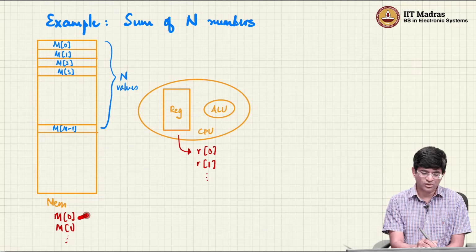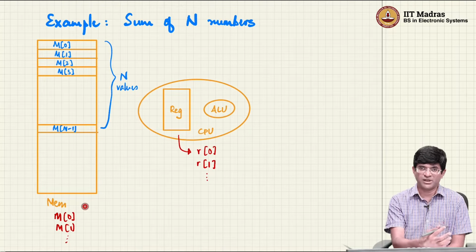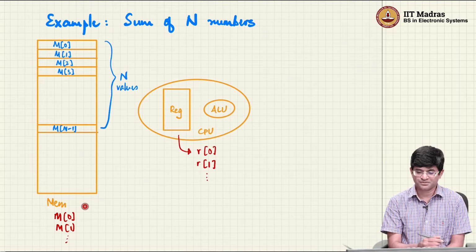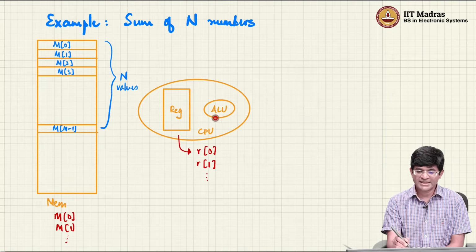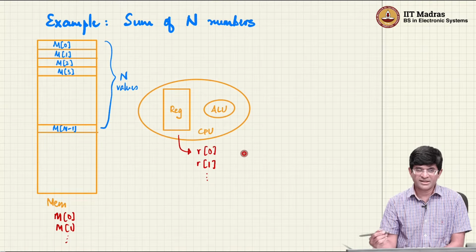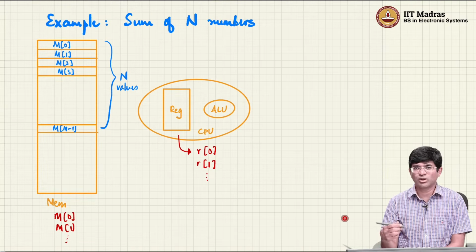So M0 refers to the 0th location inside the main memory, the one where the numbers are stored. R0 is the 0th register, R1 is register number 1 and so on. These are inside the CPU and are purely temporary storage. Okay. With this structure in mind, let's see how we go about writing the sequence of steps required to solve this problem.